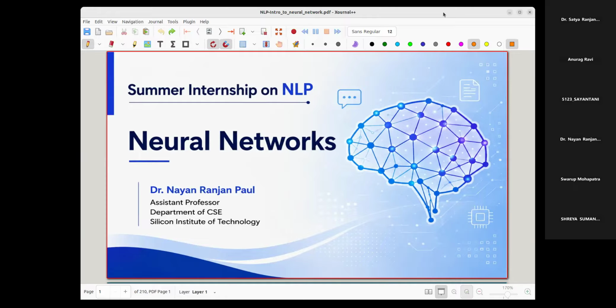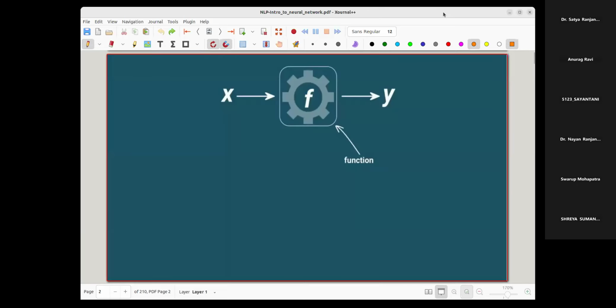So today we are going to discuss the basics of neural networks, how a neural network is trained, and also we'll see one demo of how to train a neural network using some library. To understand the neural network, we have to look at a function.